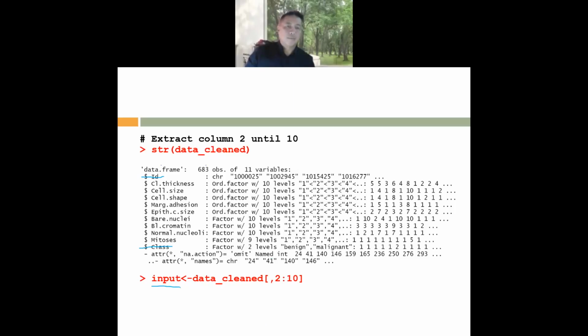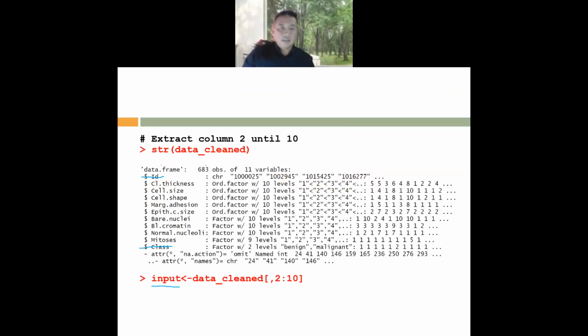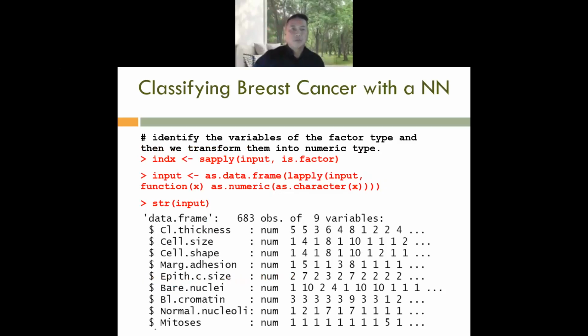So this is our input. Also, some of the columns are factors, but they are supposed to be integers. Like the size and thickness, all of them are of type factor, so we need to change them into continuous values.